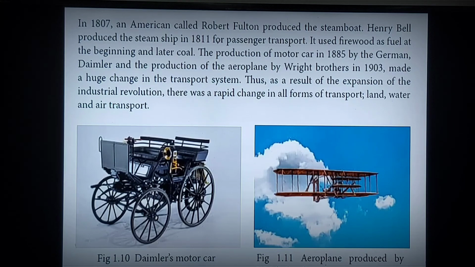Later, they used coal. The production of the motor car in 1885 by the German Daimler and the production of the aeroplane by the Wright brothers in 1903 made a huge change in the transport system. So you can see down there Daimler's motor car and the aeroplane produced by the Wright brothers.